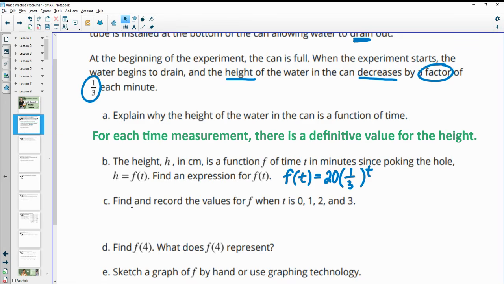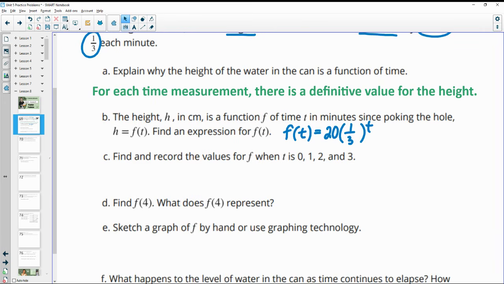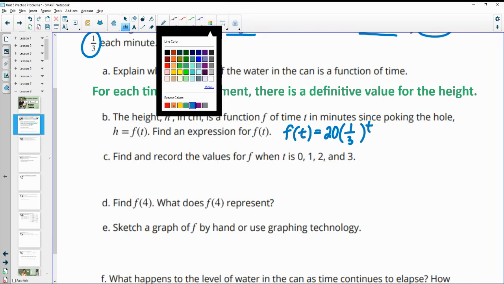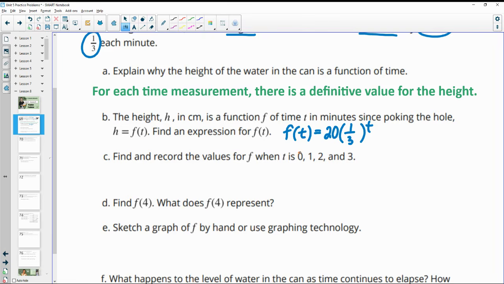And so if we take a look, it says record the value. So we'll use this function for when t is 0, 1, 2, and 3. So if we do this for 0, so when we plug in 0, anything to the 0 power is 1, and you can certainly use your calculator for this, but this will just be 1. So then 20 times 1 is just 20 for that 0.